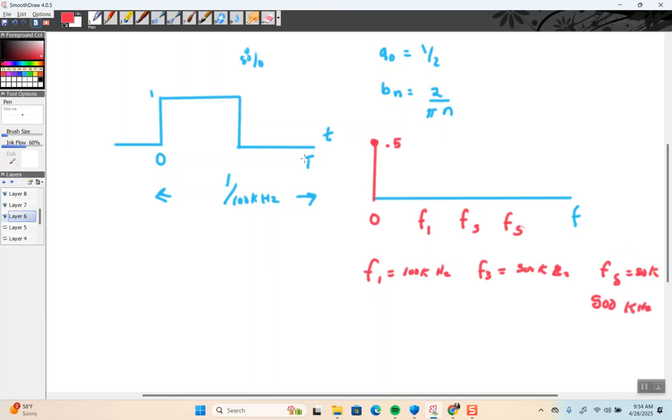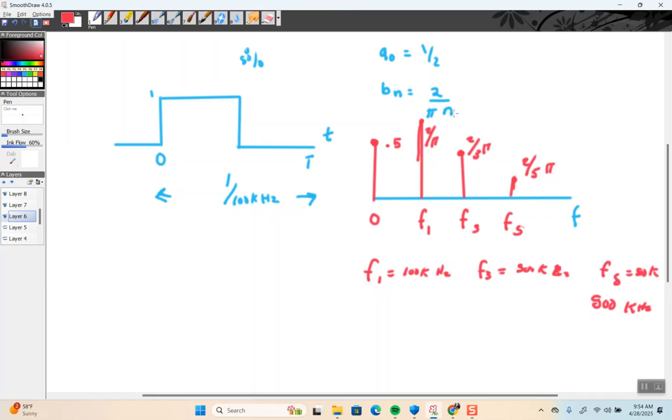So when n is 1, you get 2 divided by pi, and it's a little bit higher. Okay? But then you're going to see this drop off. And so this would be 2/5 pi, this would be 2/3 pi, and this value would be 2 pi.